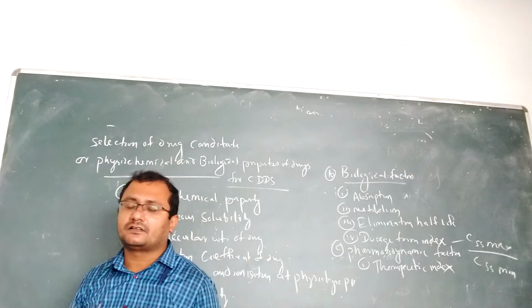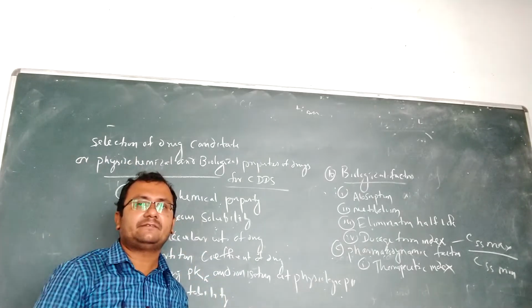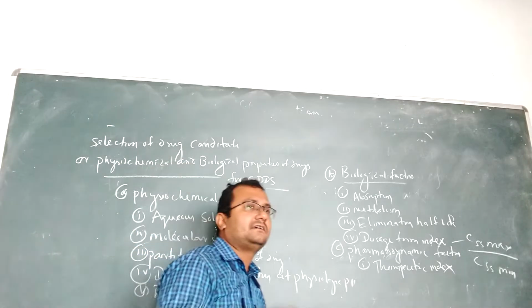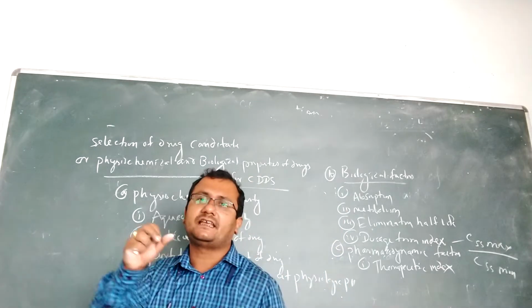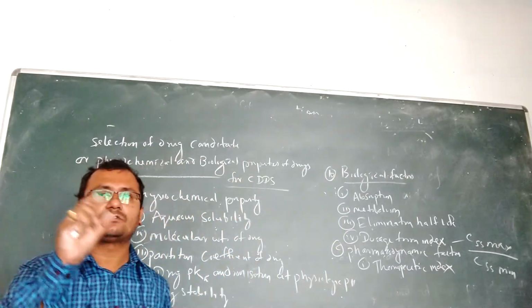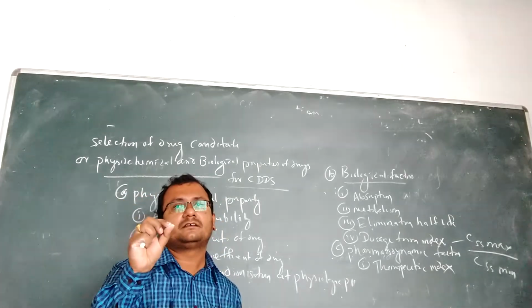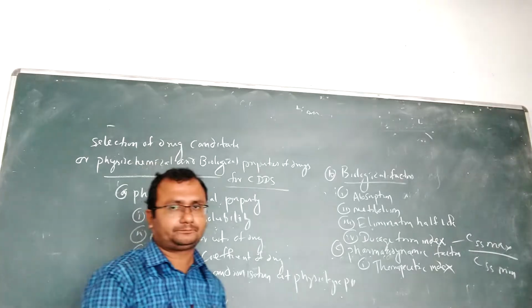The next one, pharmacodynamic factor like therapeutic index. As you already know, therapeutic index is LD50 by ED50. If this window is narrow, some drugs have a narrow therapeutic index, which means it is very small. That means the difference between the MSC and the MEC is very small.